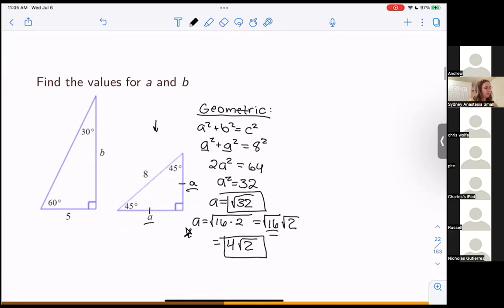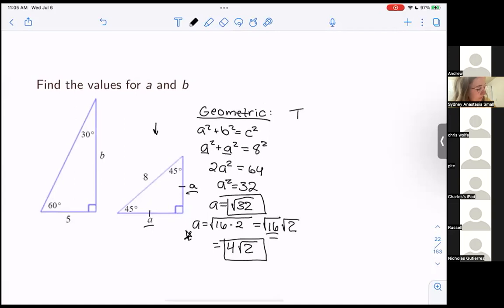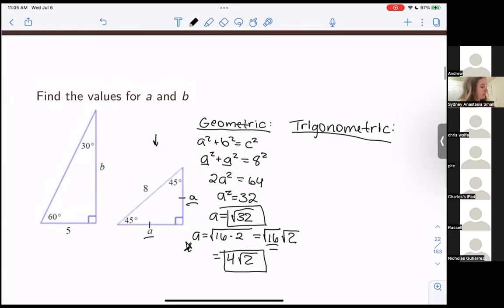Cool. There was another way we could have done this, and I call this one the trigonometric way because it uses the trigonometry we just learned. Okay. So if you remember from the slide before, we know that the cosine of theta is equal to the adjacent side over the hypotenuse.